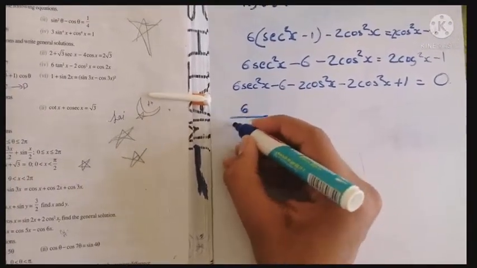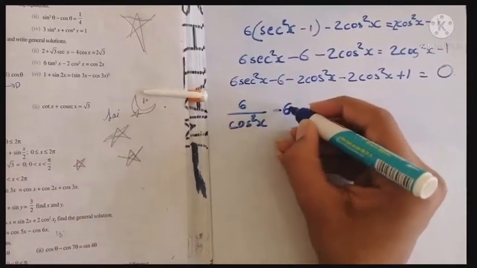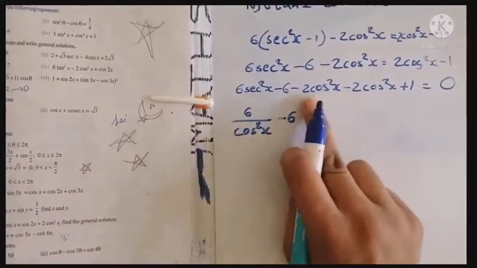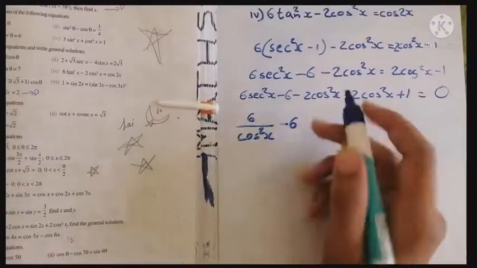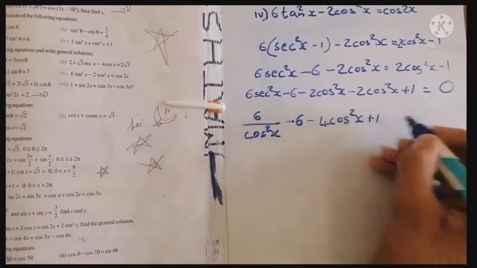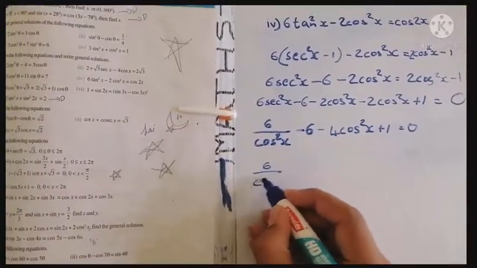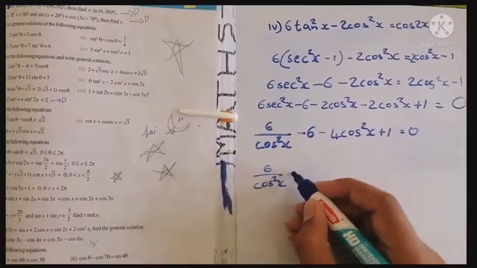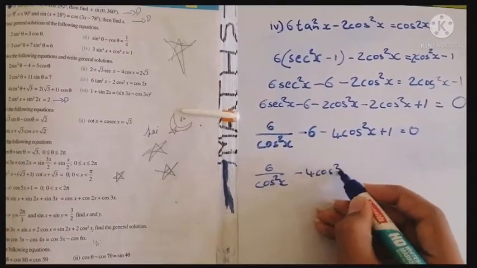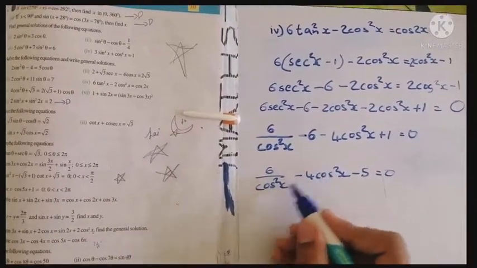So 6 by cos square x minus 6, minus 4 cos square x plus 1 is equal to 0. So we will write it in the quadratic form. Next we need to multiply here.